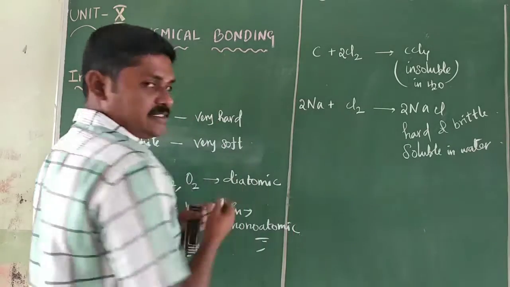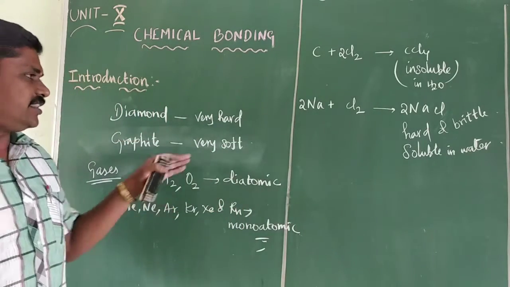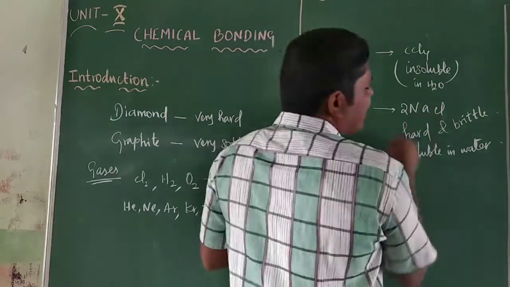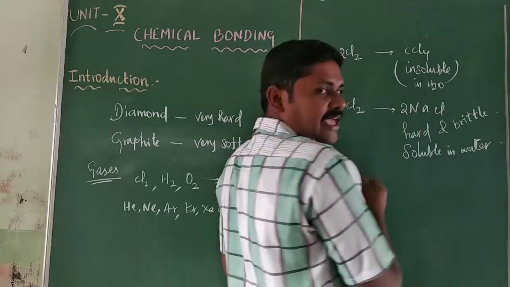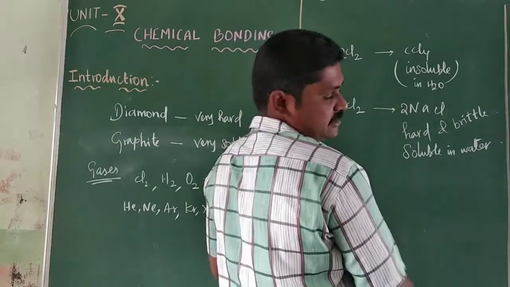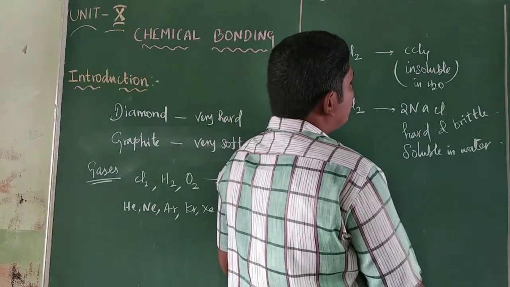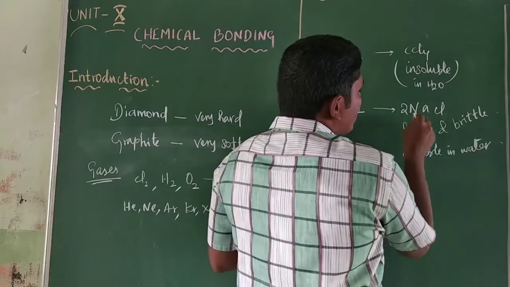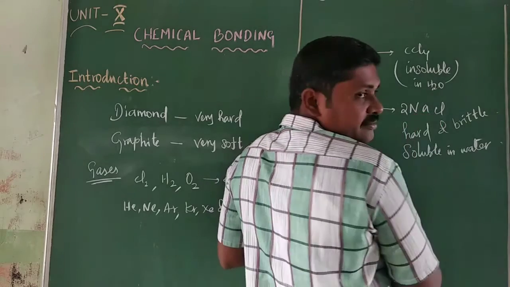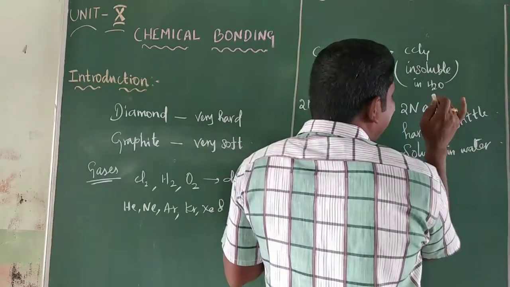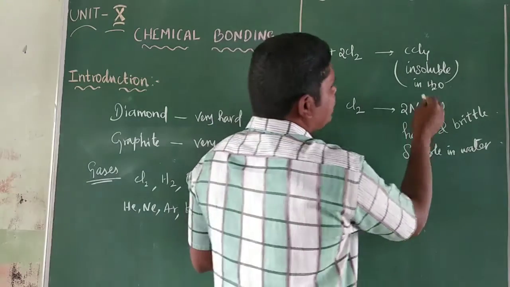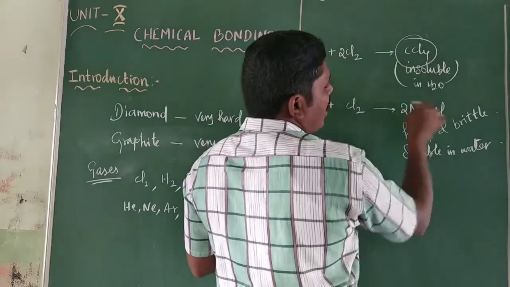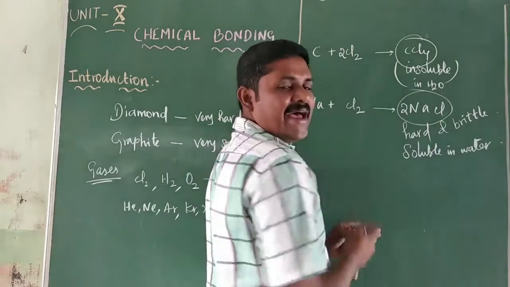The possible reason for these observations lies in the types of interaction that exist between the atoms of these molecules. This interaction is responsible for holding the atoms or ions together.